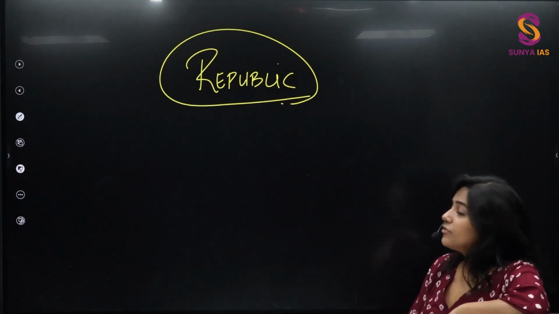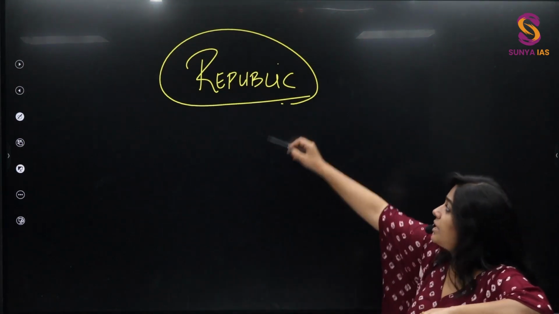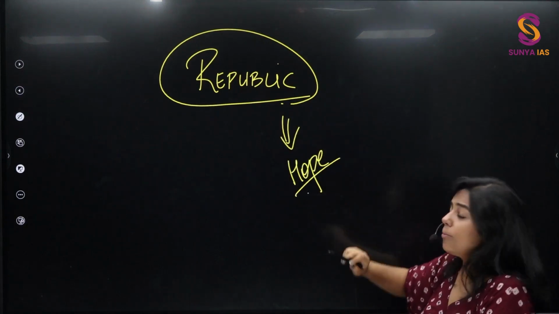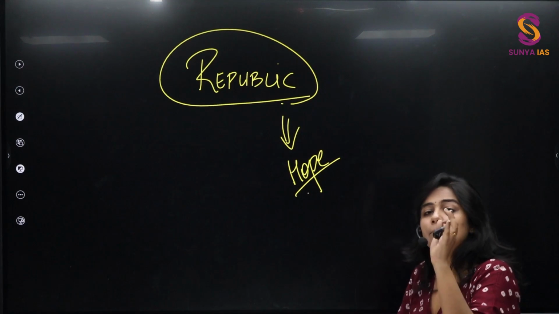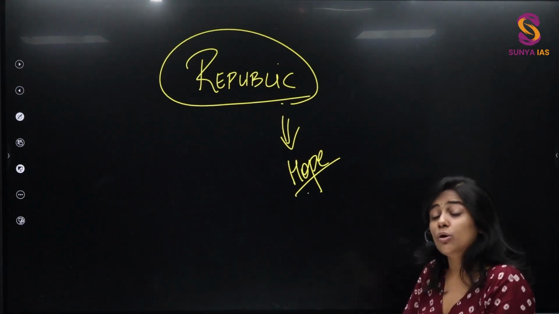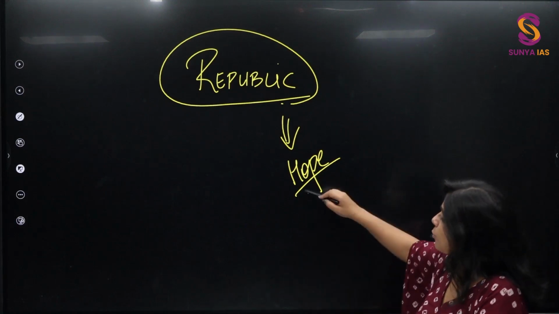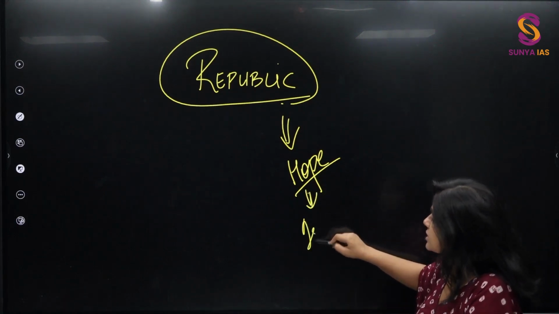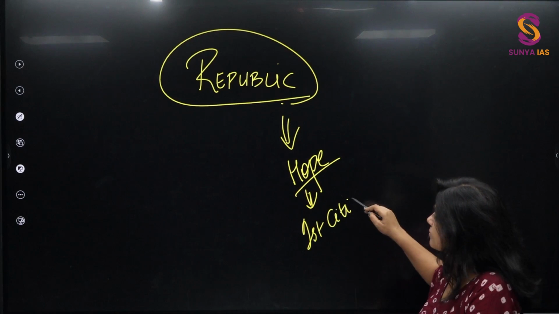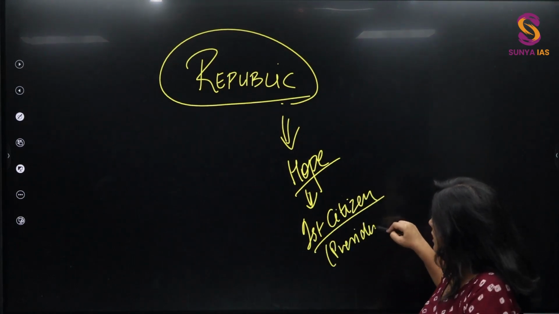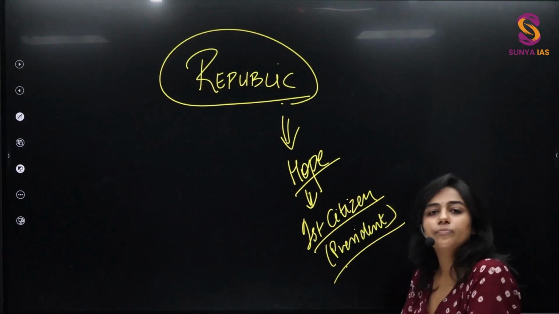The fact that we are a republic means that there is hope. Hope for any and every person born in this country, or even not born, who's a citizen of this country, to become the first citizen of this country. That is the President of India. That is what being a republic is, right?